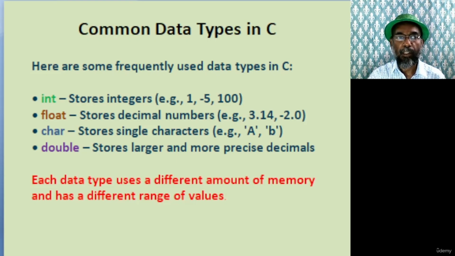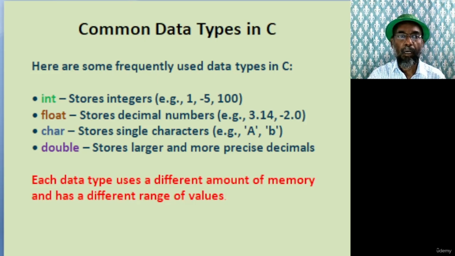First is int, integer, which stores whole numbers like 5, minus 3, 1000. Second, float, stores decimal numbers like 3.14 or minus 2.5, etc. Third, char, stores a single character like a, small z or 5, each in single quotes.